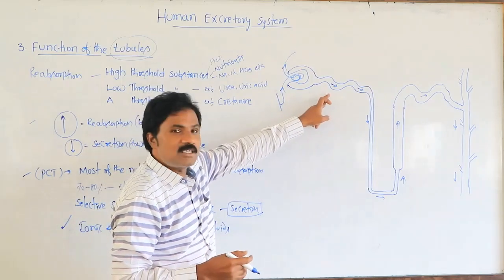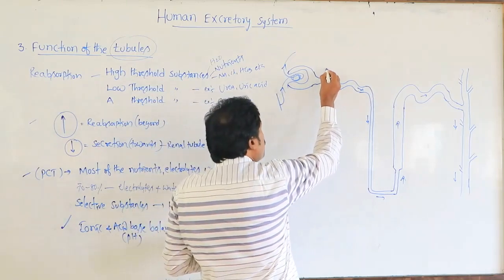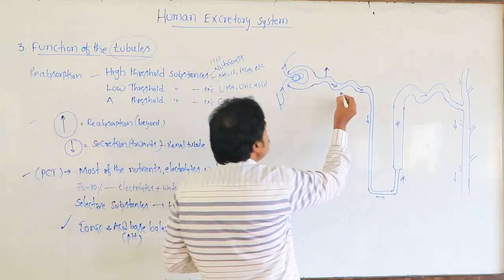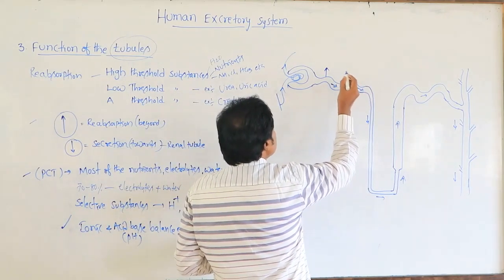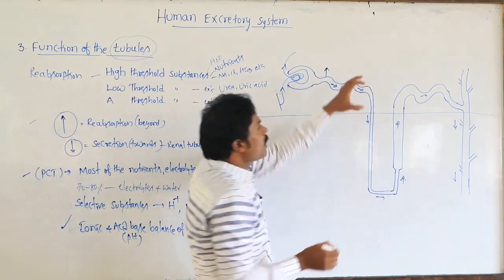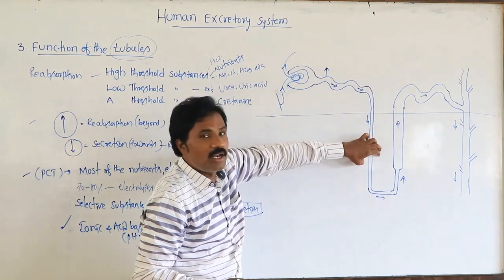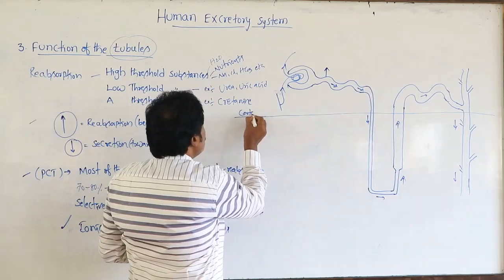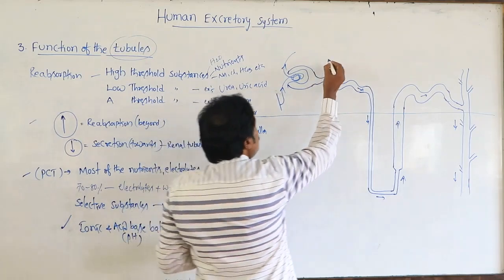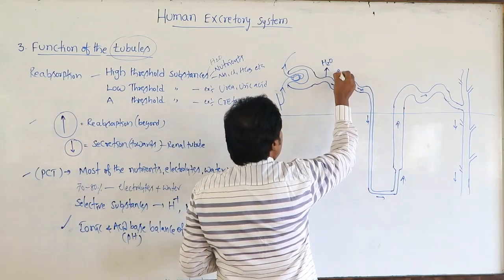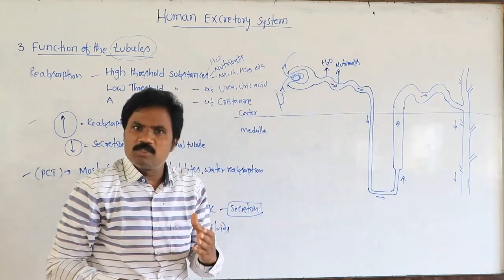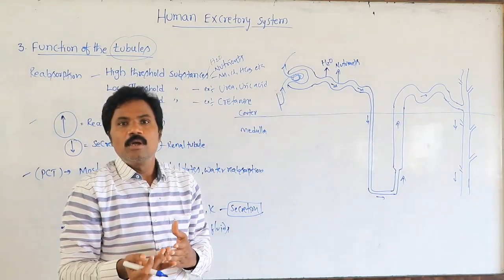In this one, towards the proximal convoluted tubule, this arrow mark represents reabsorption. This is the PCT, the proximal convoluted tubule. This is the cortex region and this is the medullary region. Here the water as well as nutrients, in that sense glucose and amino acids, are reabsorbed by active mechanism.